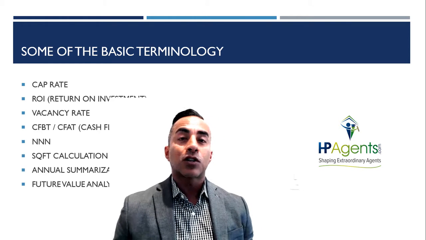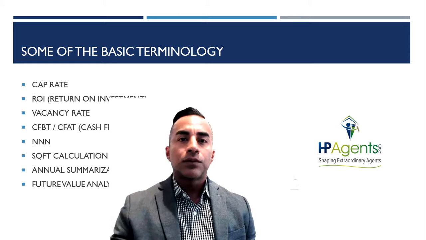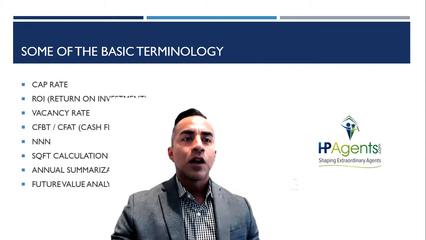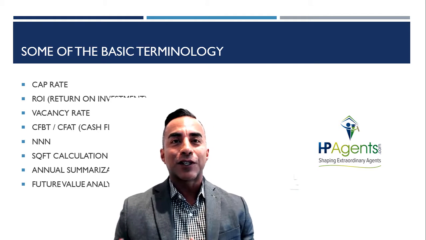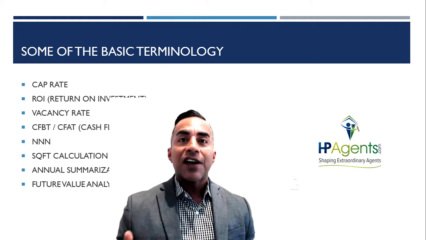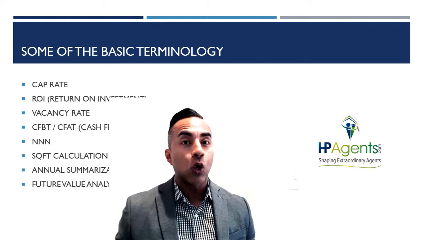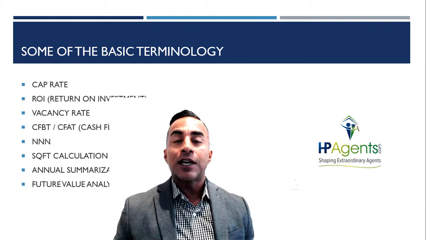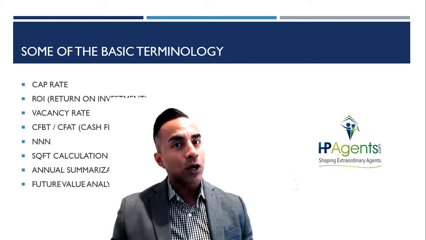The next thing we're going to talk about, not to be confused with ROI, is rate of return. That basically is saying, okay, I have about $100,000 of my cold cash in this investment, and I'm getting $20,000 back each period.